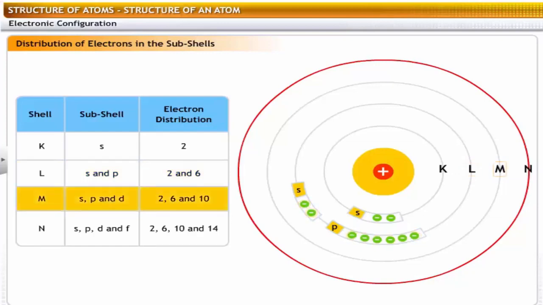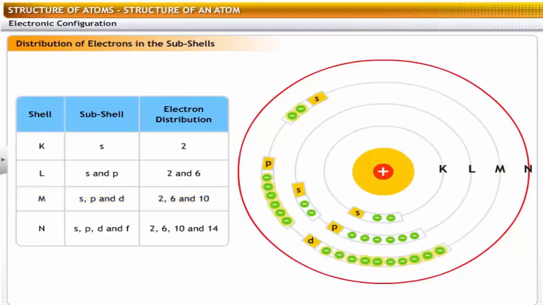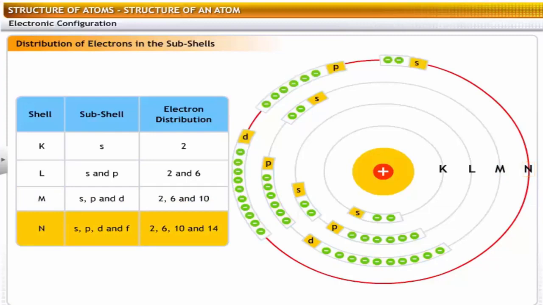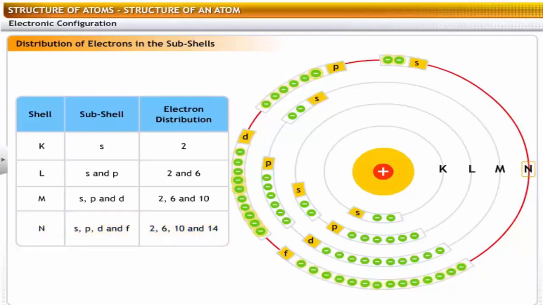M is the third shell and has S, P, and D subshells, which accommodate 2, 6, and 10 electrons respectively. Next is the N shell with S, P, D, and F subshells accommodating 2, 6, 10, and 14 electrons respectively.